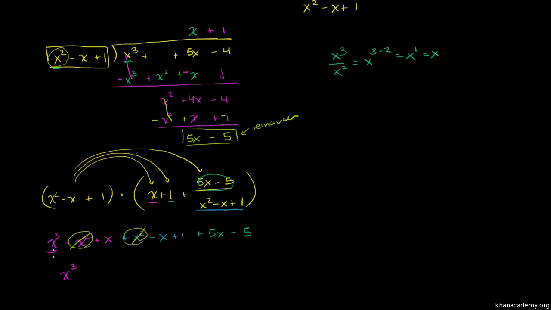So they cancel out with each other. First degree terms, let's see, we have a positive x and a negative x. Those cancel out with each other. So we're just going to have this 5x. So then we have plus 5x. And then we have the 0th degree terms, or the constant terms. We have a positive 1 and a negative 5. Add them together, you get negative 4. So you get x to the third plus 5x minus 4, which is exactly what we had over here.